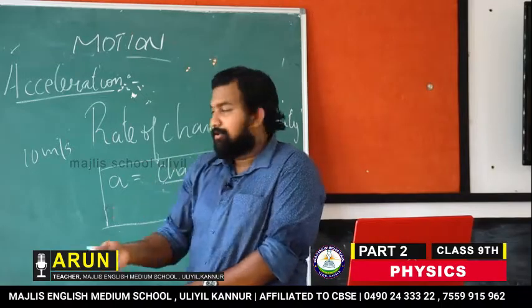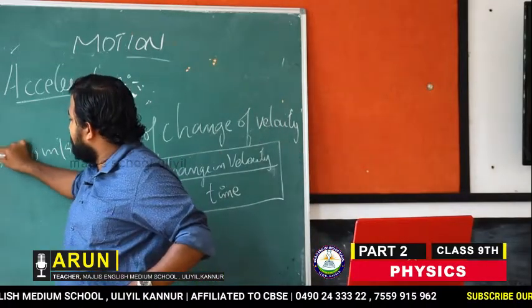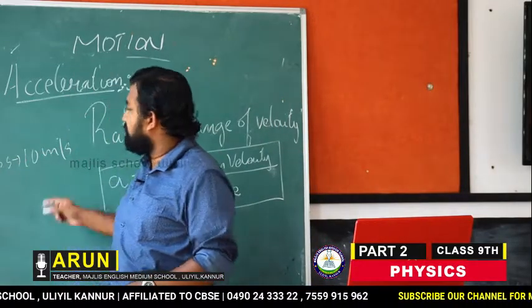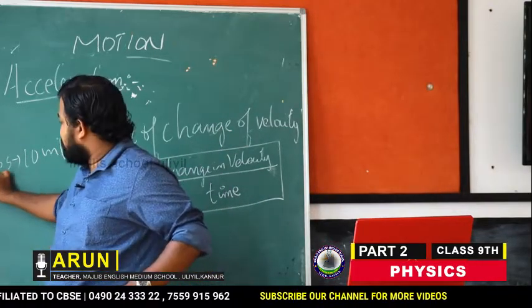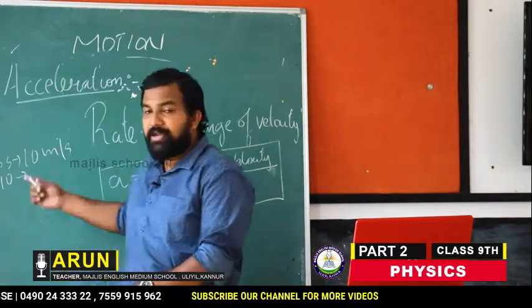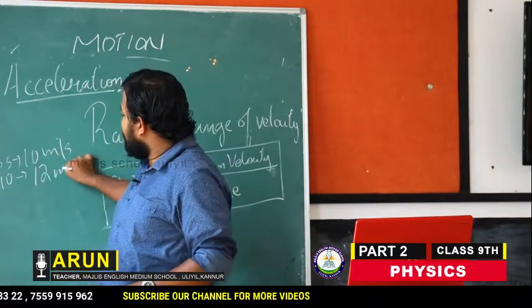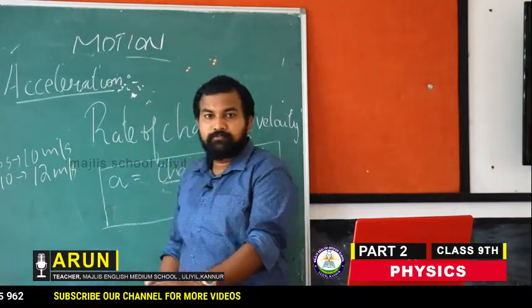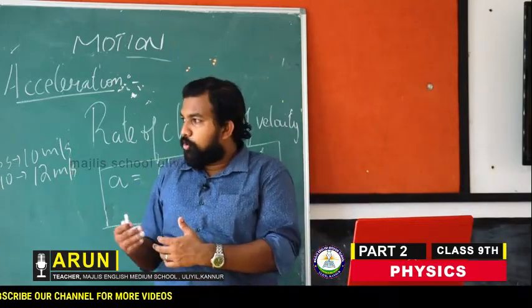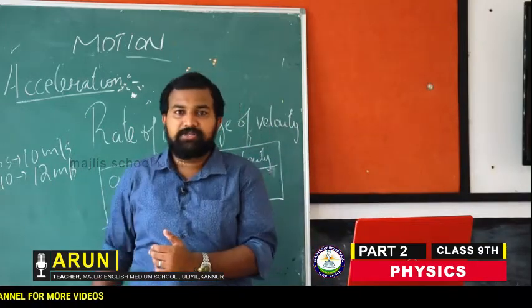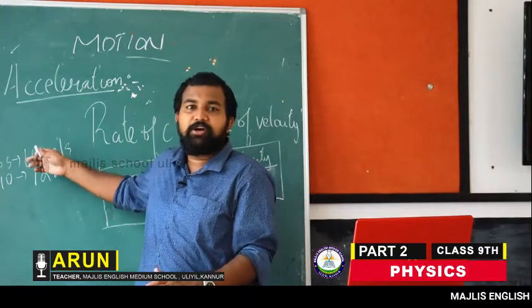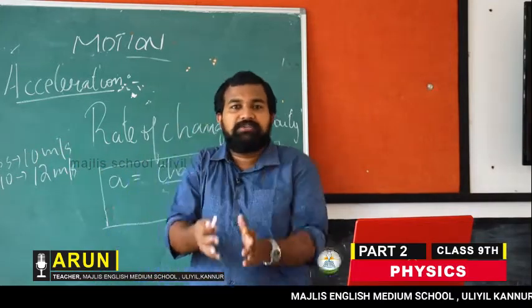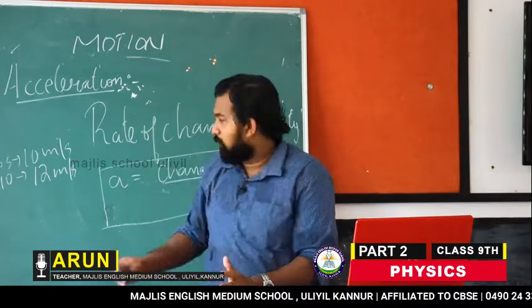From 1 to 5 seconds, it was moving with 10 meter per second. But in the next portion, from 6 to 10, it was moving with 12 meter per second. So the body has changed its velocity. The term which helps us find the change in velocity with respect to time is called what?